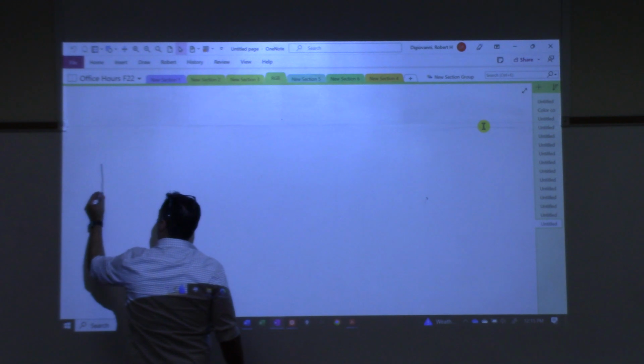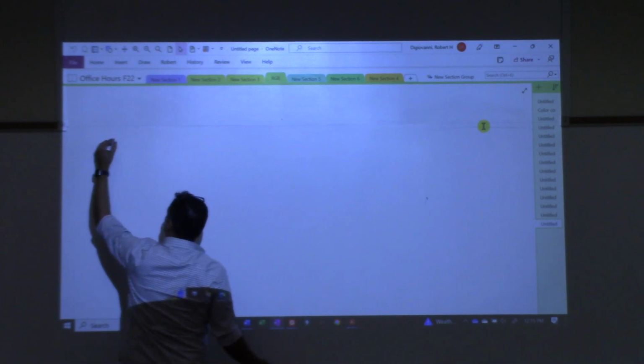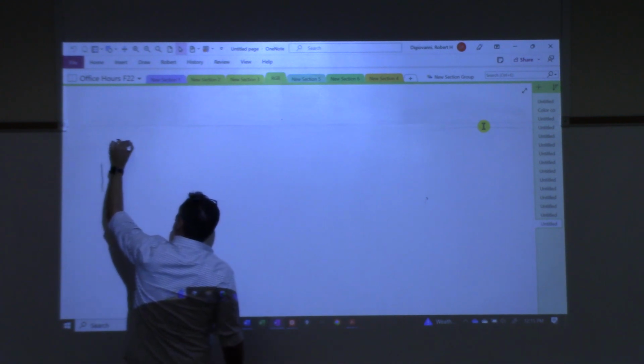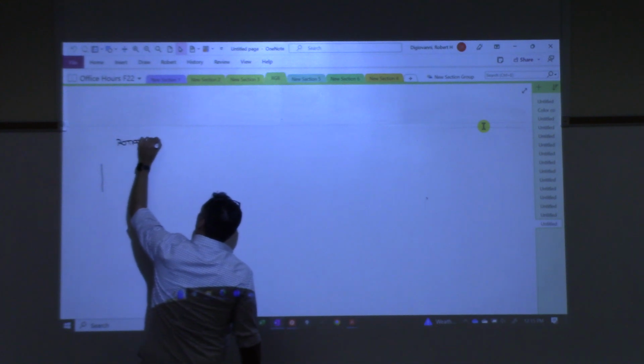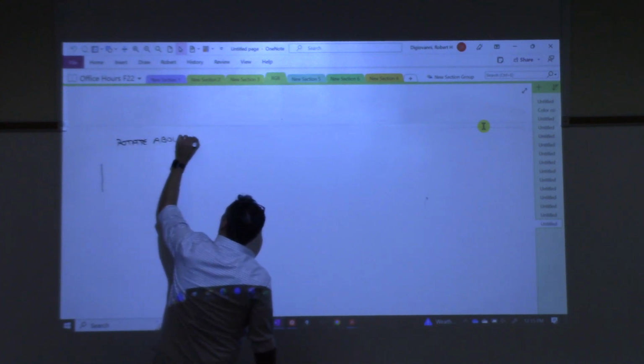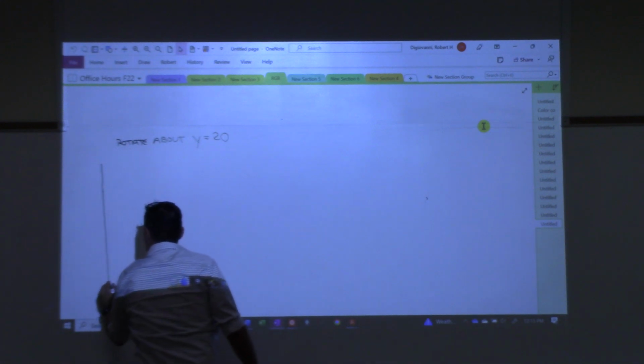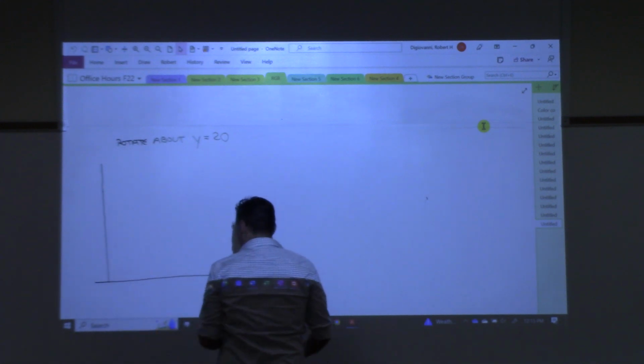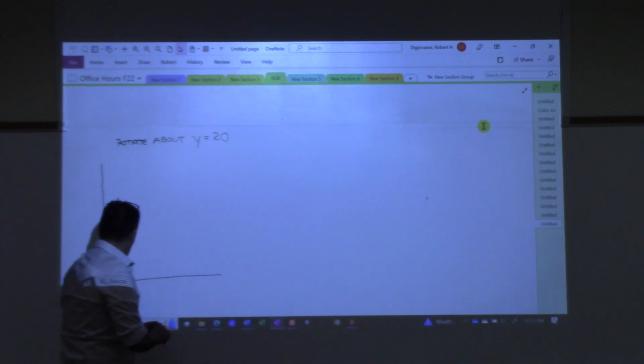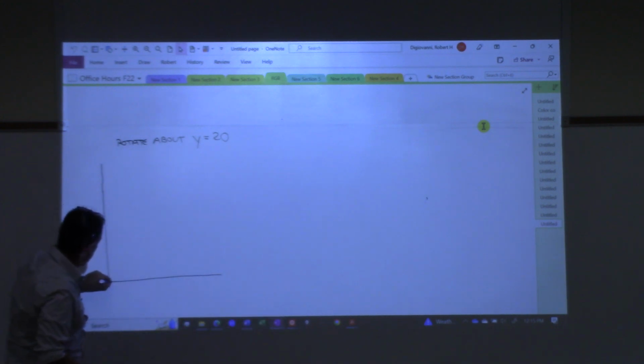All right, so do I need to write it down? This time, we're going to rotate about y equals 20. So now your picture looks like this. You've got your parabola over here. We've drawn this region several times now.